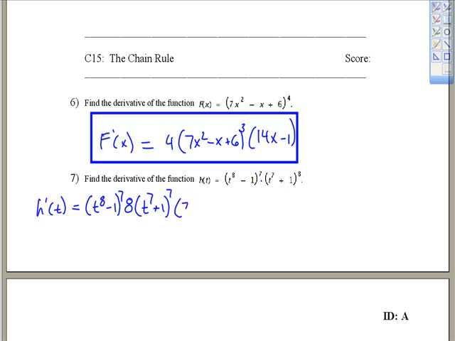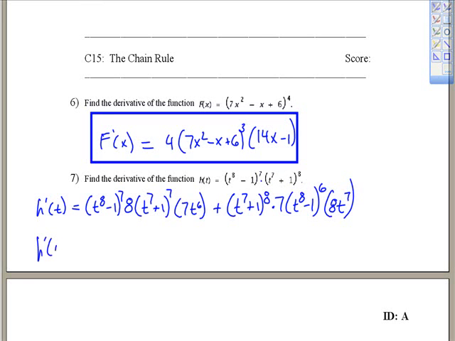which would be 7t to the 6th plus, now we keep the second function, leave it alone, multiply by the derivative of the first, so that would be times 7 times the t to the 8th minus 1 all to the 6th, but don't forget to follow the chain and multiply by the inside function's derivative, which would be 8t to the 7th. Alright, let's see what we have here.